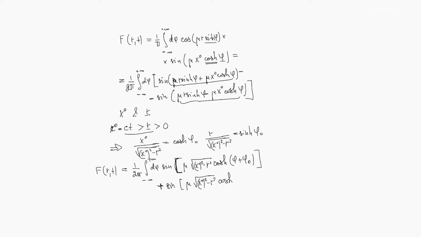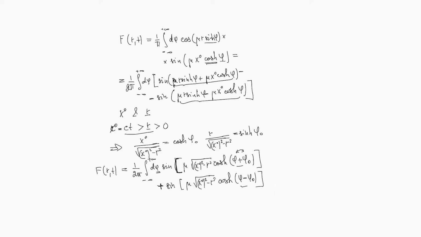And an interesting point is that since I'm integrating over all phi, in the first integral, you can make a shift of variables phi by minus phi 0 to remove this phi 0 from integration. And in the second integral, you can make a change phi plus phi 0 to remove this shift. And so then the integrals are equal to each other.